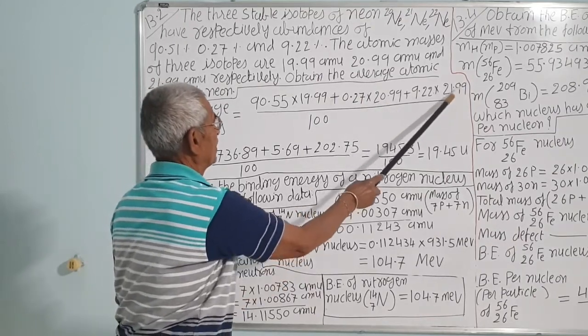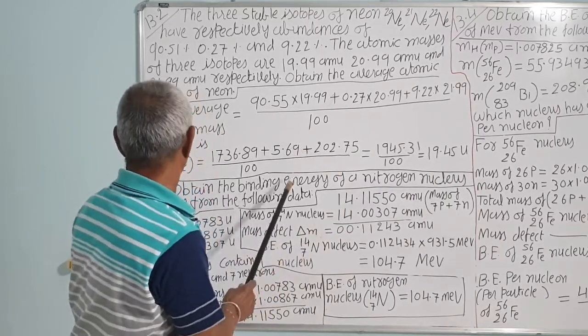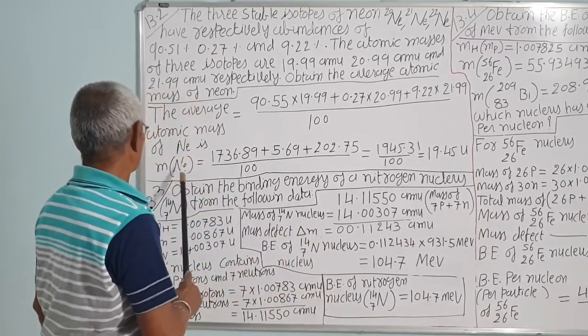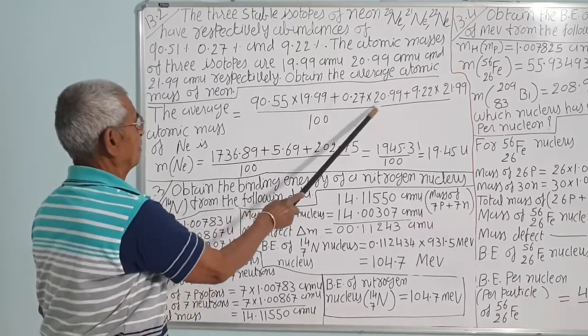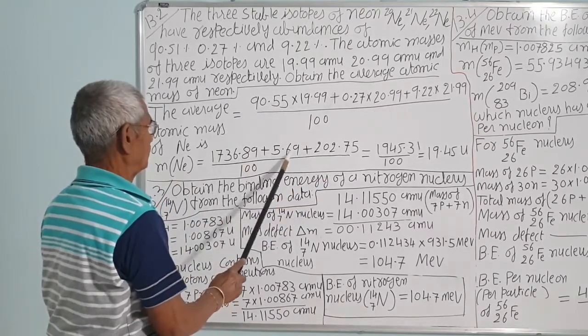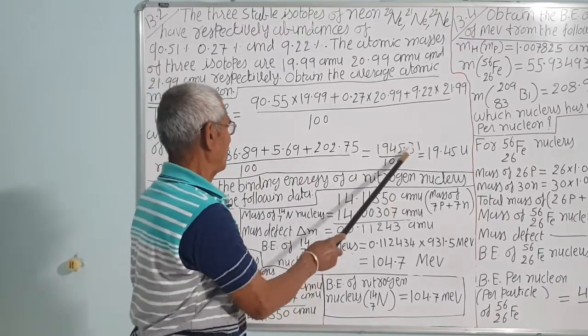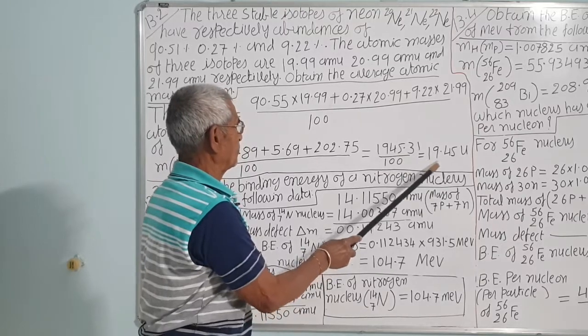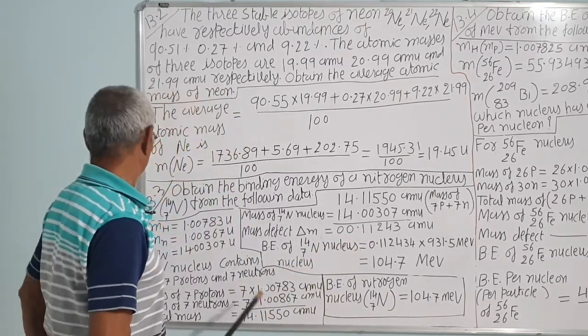So for the 21.99 isotope, that is 9.22% divided by 100, as it is a percentage. So the average mass of neon is the sum of these three, 1, 2 and 3, that is a total of 1945.31 upon 100, that is 19.45 atomic mass unit, or u, you can also write.